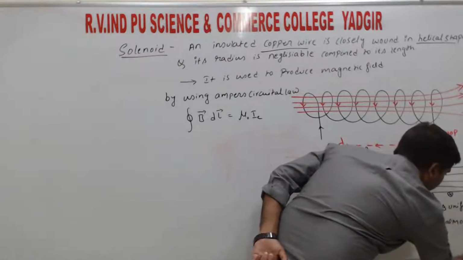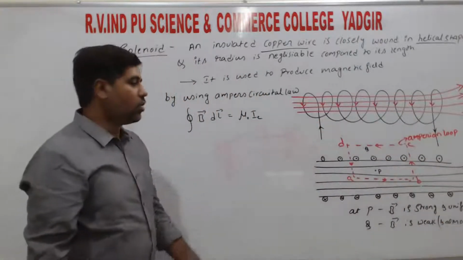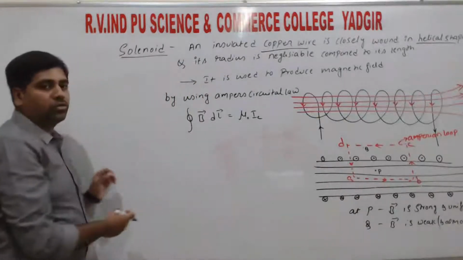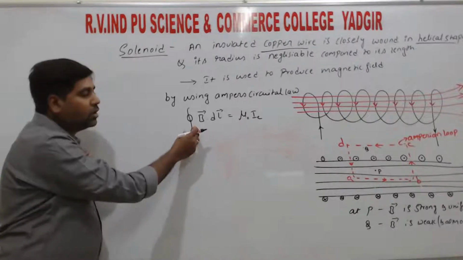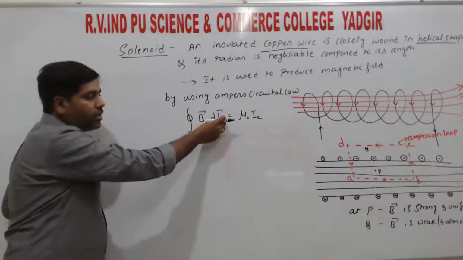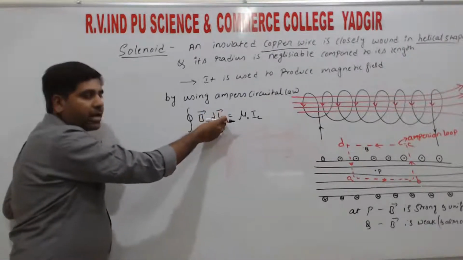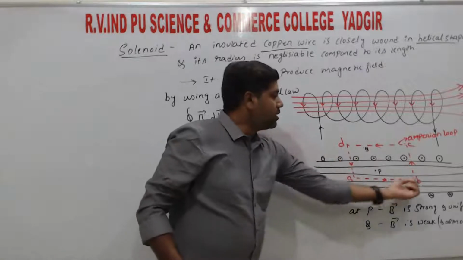We can consider either of the two, weak or almost zero, right? So now applying the relation, this gives the integral. Integral means summation. In the last problem, we directly took the circumference of the circle, 2 pi r, but here it is a rectangular shape.